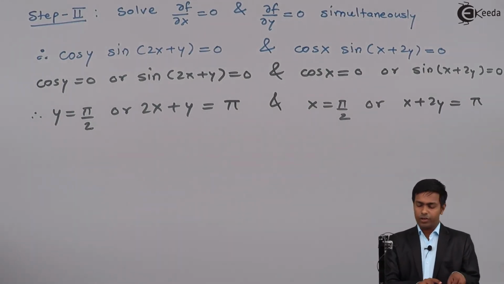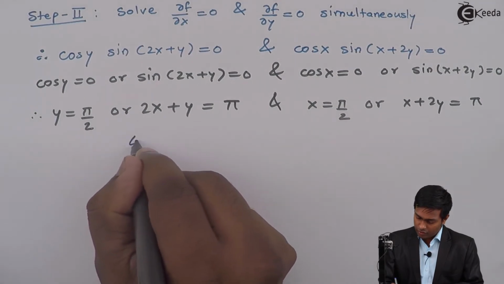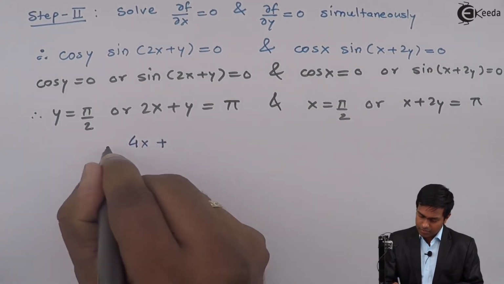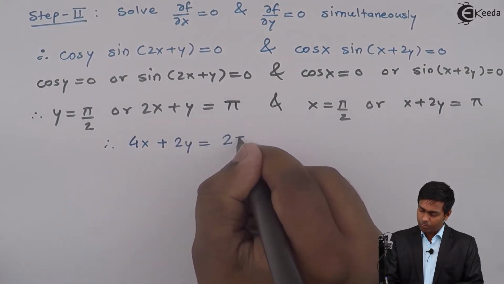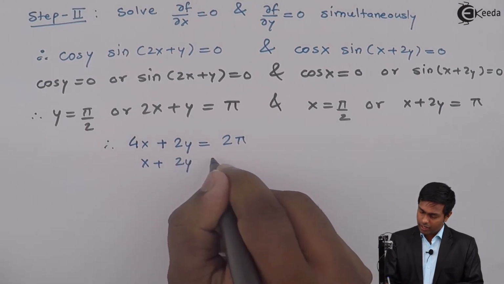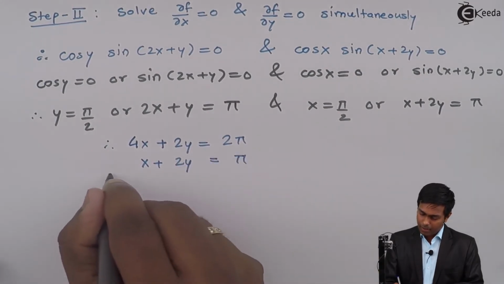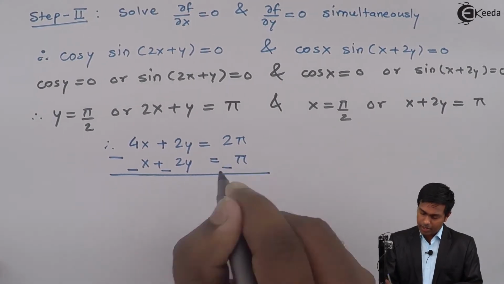So for that what we'll do is we'll multiply this first equation by 2. So here we'll get 4x plus 2y equal to 2 pi, and here we'll get x plus 2y is equal to pi, and we'll subtract this. So it will become minus, minus and minus.